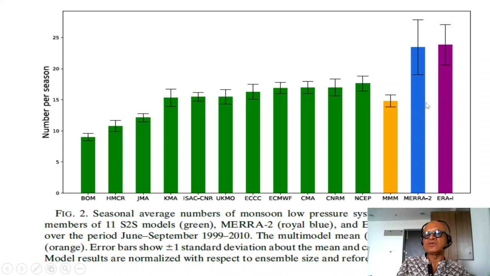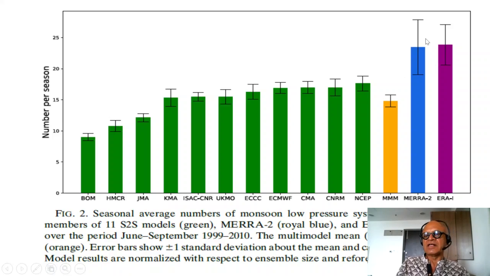You can see that the two reanalyses are fairly close with slightly different ranges, a larger range in MERRA than in ERA, but the models are all over the place, and the multi-model ensemble is much lower than either of the reanalyses.